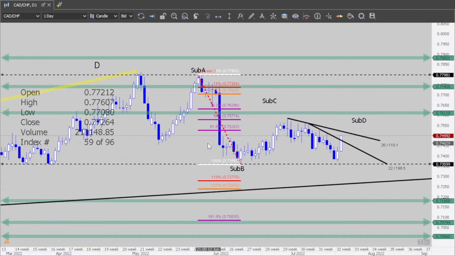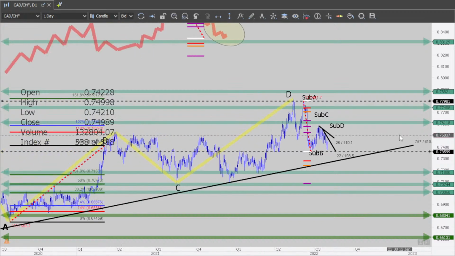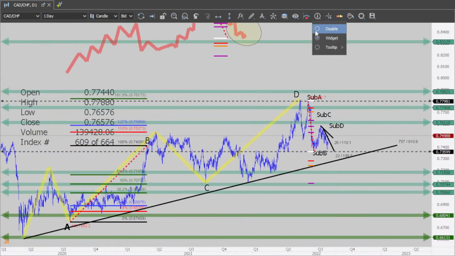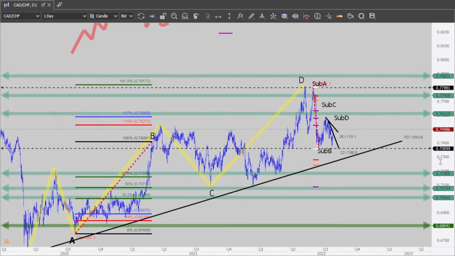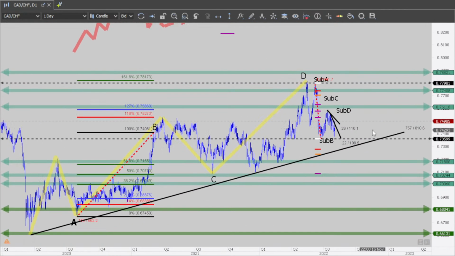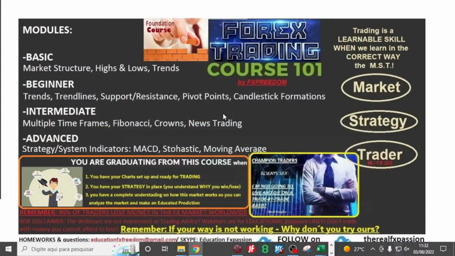We're going to delete this one. There you go, everybody. This is the chart for the ones that you are going to use the Fibonaccis, and I'm talking about this in here.